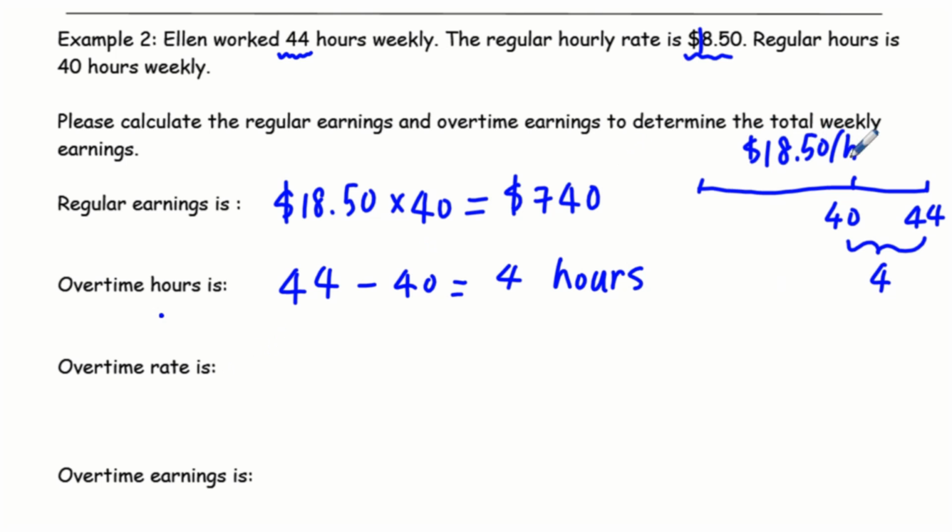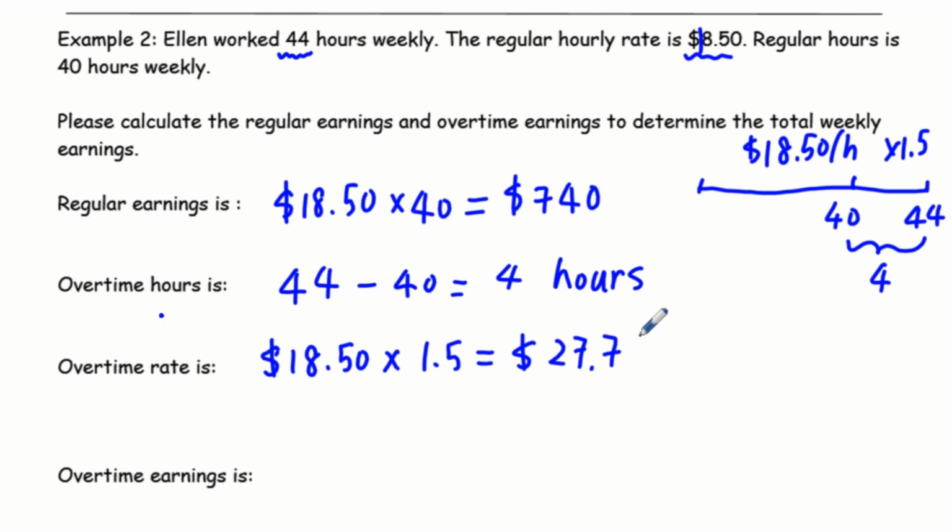And the overtime rate is this one times 1.5. It's one and a half. So it's $18.50 times 1.5. So it will give you $27.75. Use your calculator to find it. Then these two are for overtime earnings. So overtime earnings is this overtime rate times overtime hours.